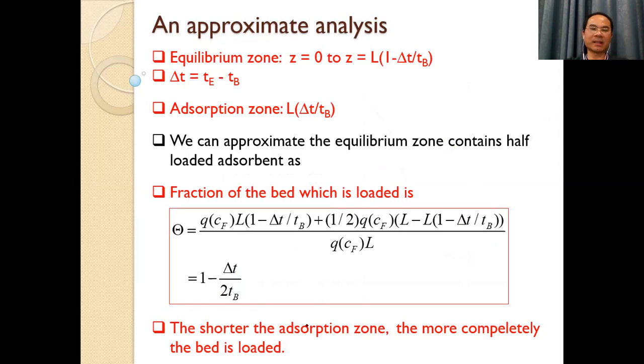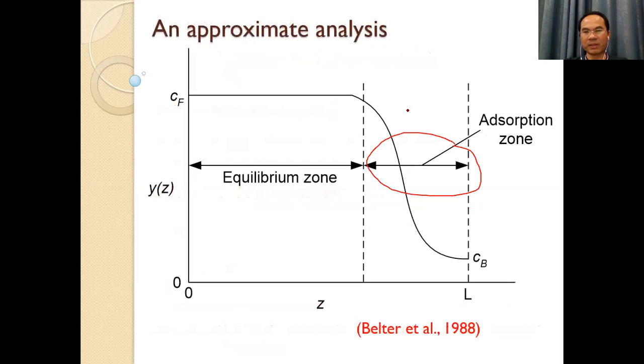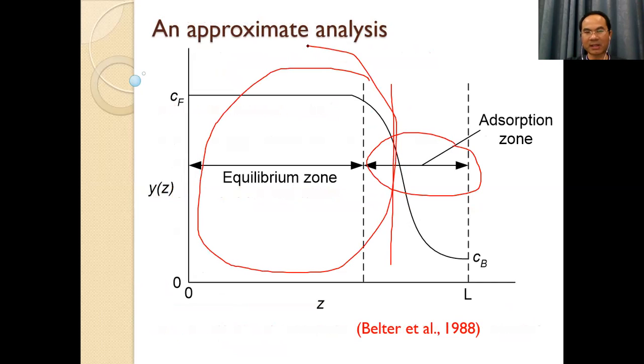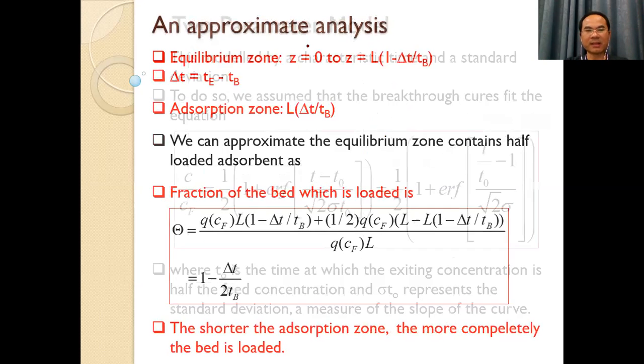That means the shorter the adsorption zone, the more complete the bed is loaded. If we shorten the adsorption zone, we can use the adsorbent effectively, otherwise we may have unused adsorbent. Right?